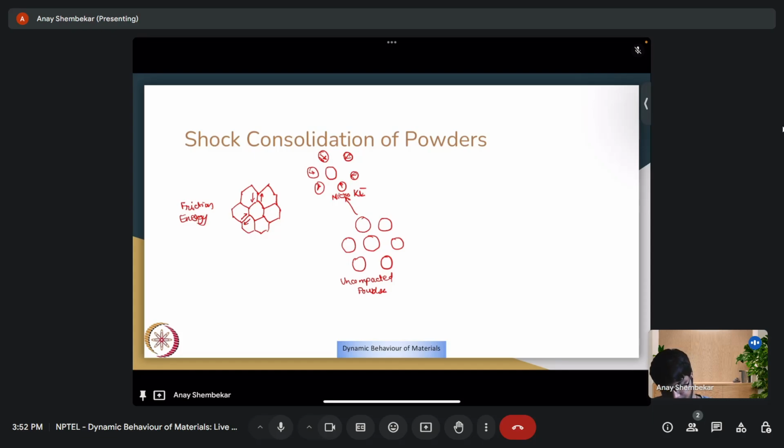You could also have some amount of energy going into fracture. So if you have cracks being generated, you get fracture energy. Some amount of energy is used up in that.